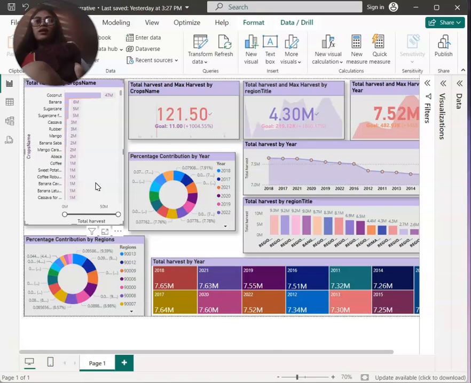We can see that coconut dominates the data with an exceptional 47 million units, far surpassing other crops like banana, sugarcane, sugarcane for centrifugal sugar, and cassava.